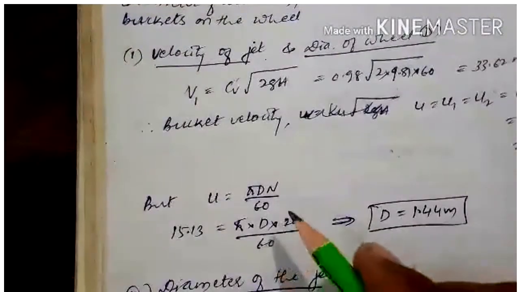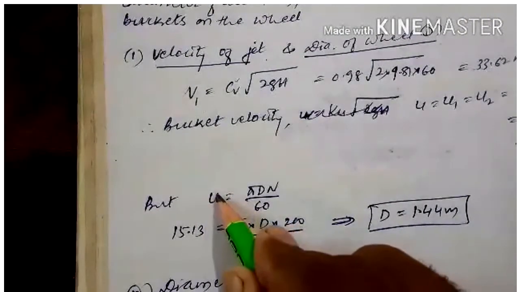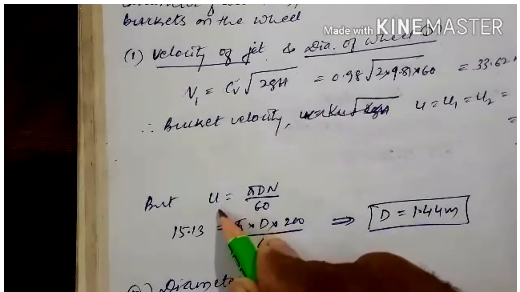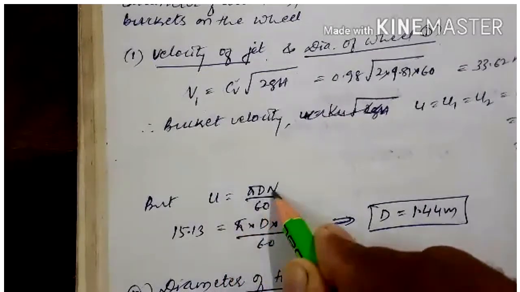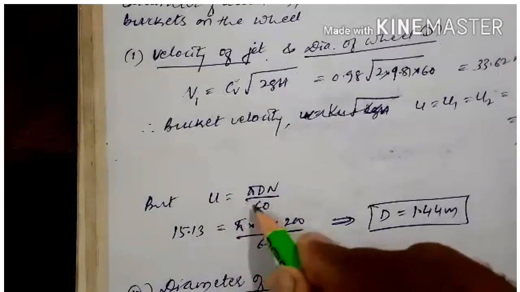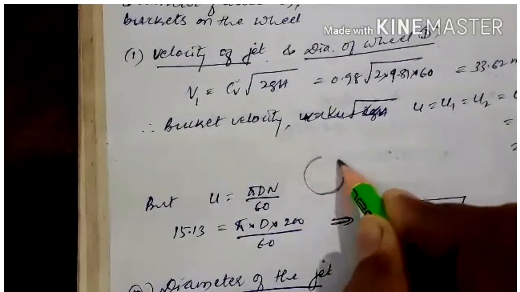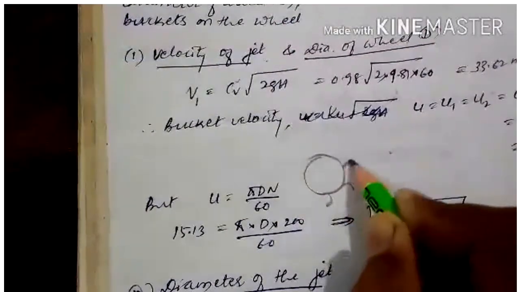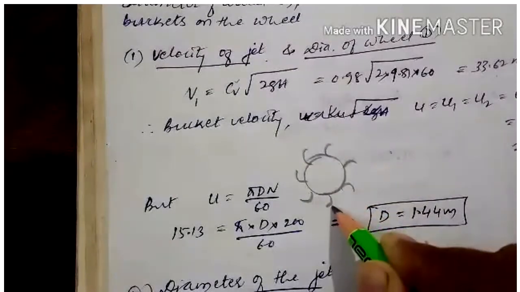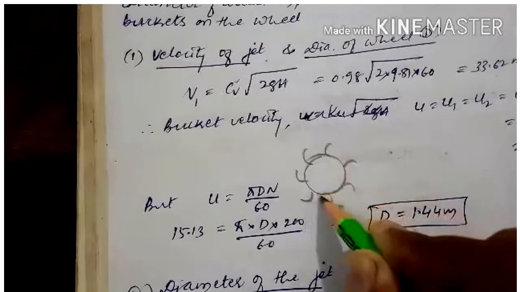But as we know, this u is the peripheral velocity, that can be given as pi DN by 60. Because the rotor will be like this, these are the buckets. So the bucket initially takes linear motion, then it starts rotating.